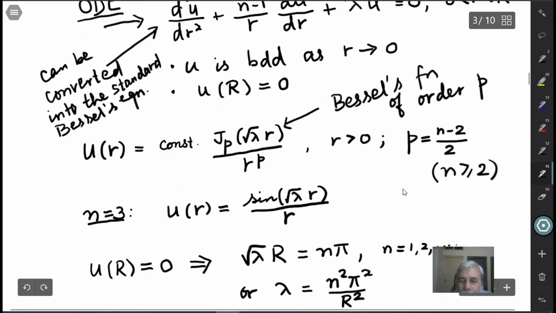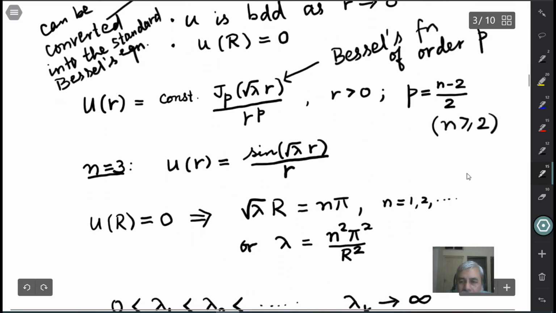Okay, and here I will write down some specific cases. For n equal to 3, we get p is equal to half. Okay, and J half can be expressed in terms of the sine function. So when we do that, for n equal to 3, we obtain u of r is equal to sine(root lambda r) by r.